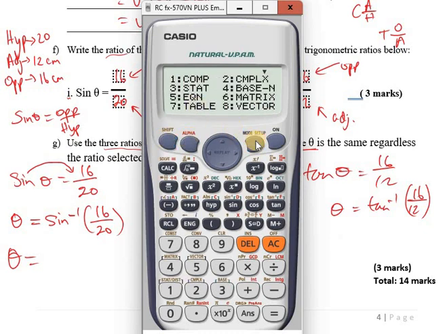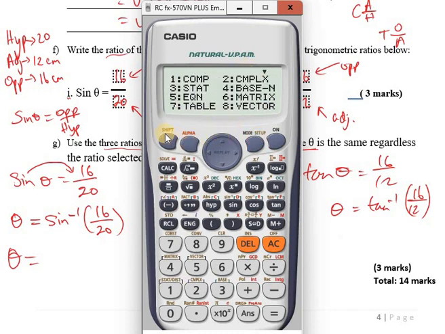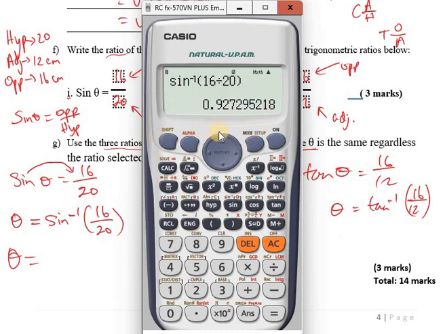If I press shift, mode, and change to radians, pressing 4, and then press equal, the sine inverse of 16 over 20 is 0.9 something in radians. But we don't want that, so we get it back in degree mode. Let's put 3, press equal, and that's it.